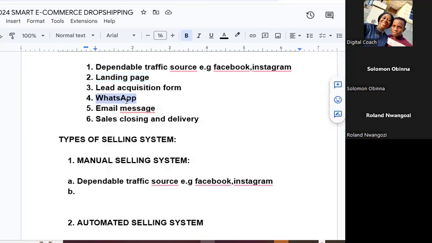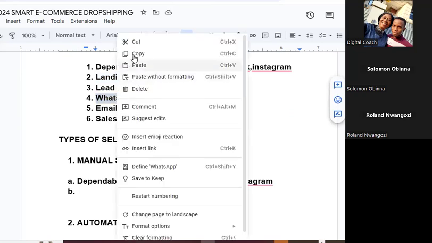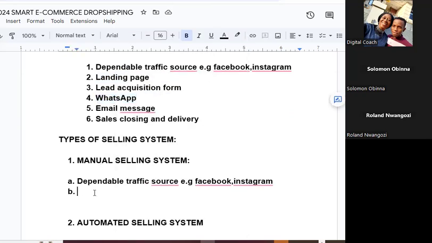Okay. Once they're interested in the product, they see the product on Facebook, they click on the learn more or buy now or shop now, as the case may be. It will take them straight to your WhatsApp. Now, once they come to your WhatsApp, you will set it in such a way that they come with a pre-made message like, hi, I saw your product on Facebook.